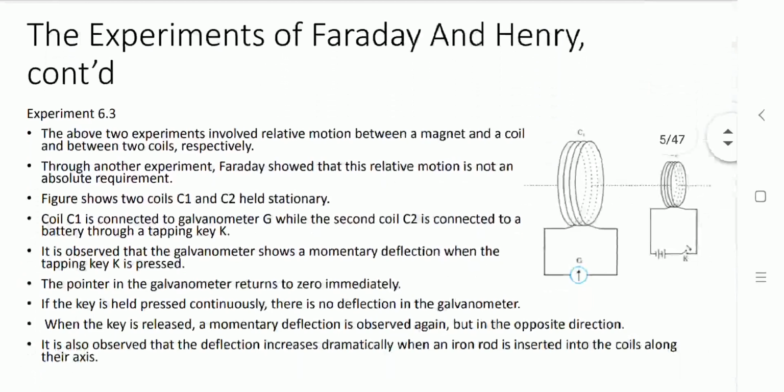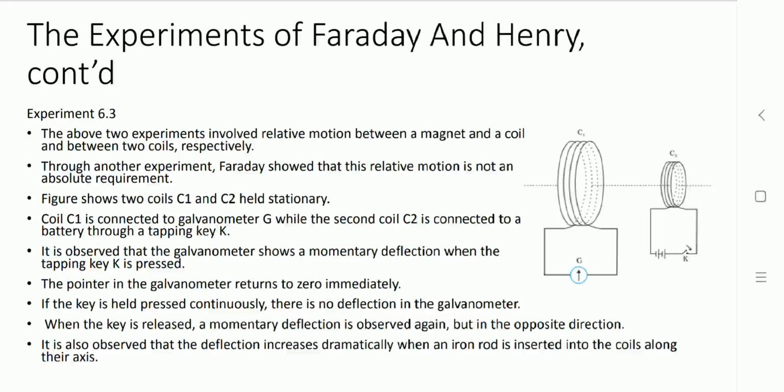In the third experiment, we keep the coils stationary, same as the second experiment. We take the C2 coil with the external supply, but we use a switch. While the switch is closed, current starts to flow in C2, and C1 is connected with the galvanometer.